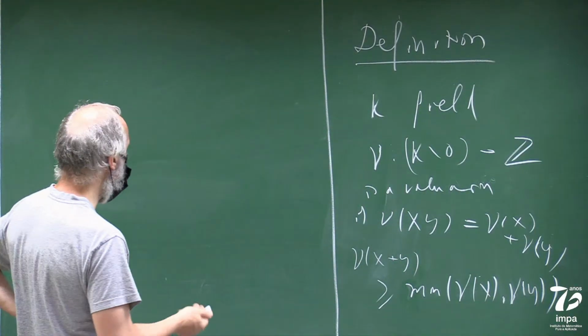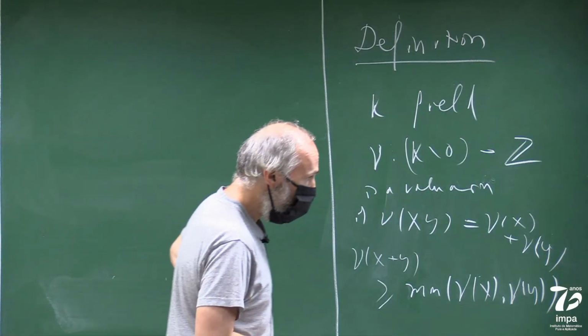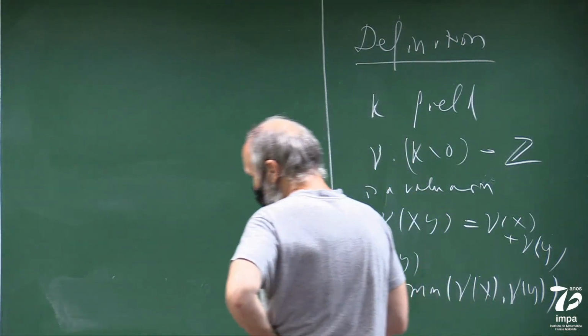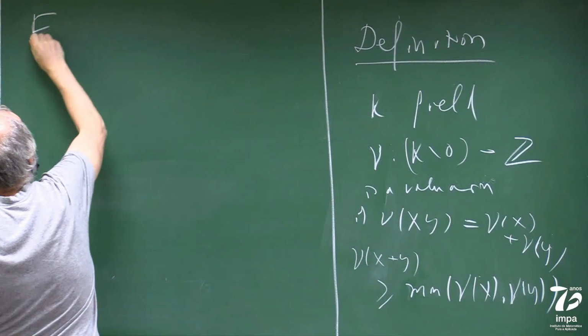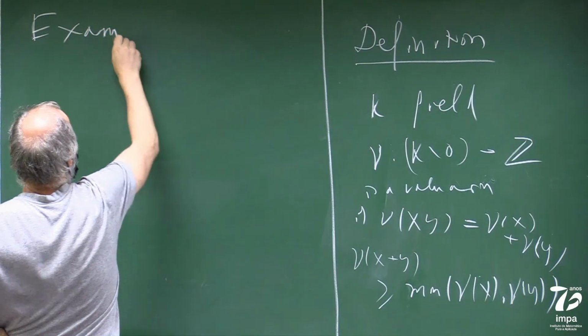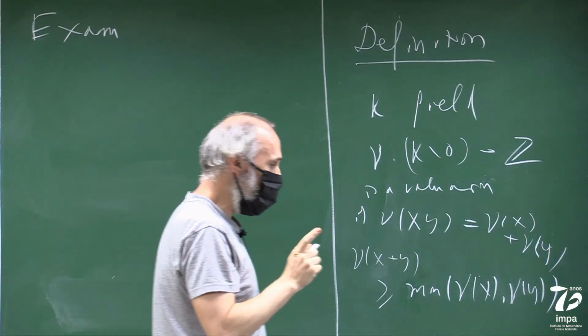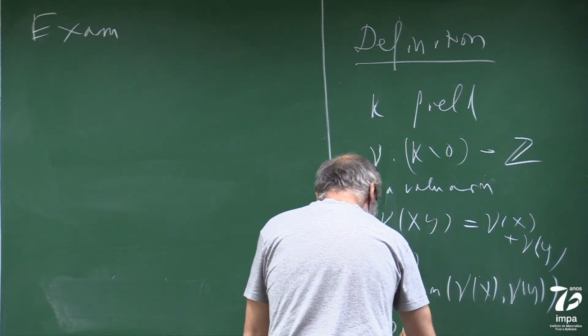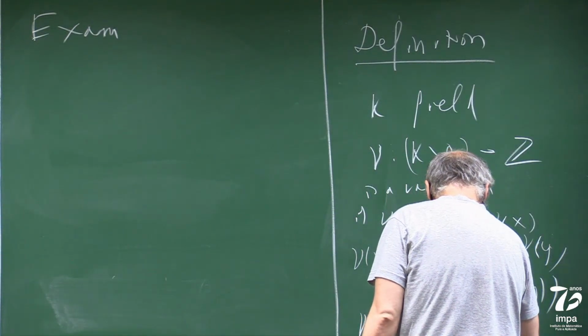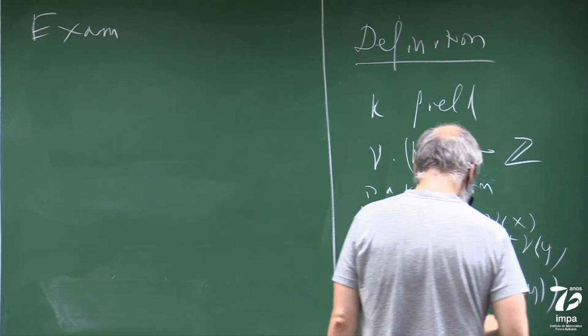So let me give an example. Examples include the p-adic valuation, but it makes sense for any factorial ring. Before I do that, let me also define the valuation ring. Nu minus 1 of 0 inside K is a ring. Why is it a ring?